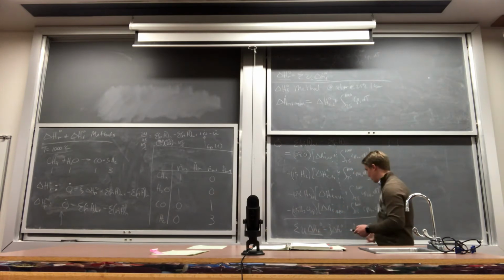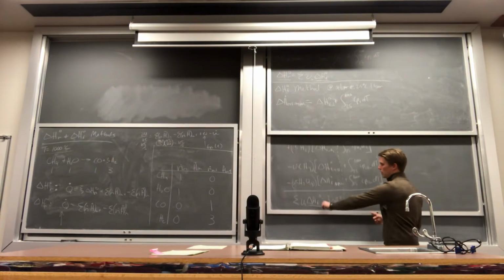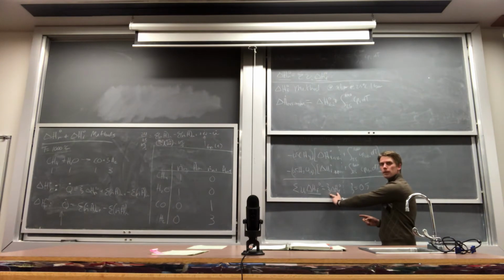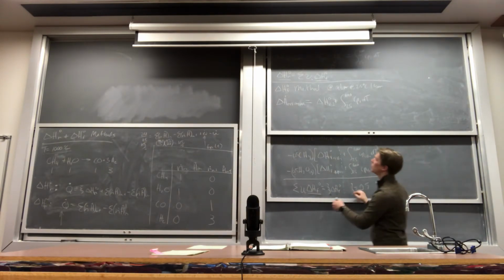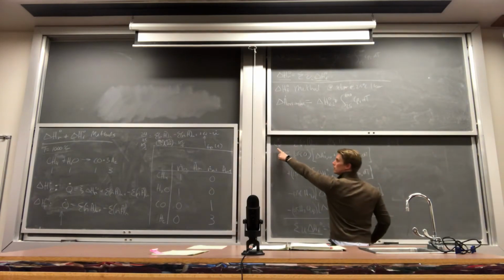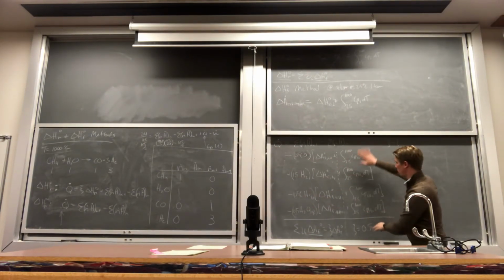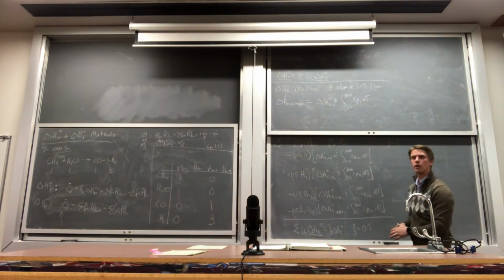This term right here, the stoichiometric coefficient times the heat of reaction, tells you how much energy is being released or absorbed in the form of a chemical bond. That energy then could be transferred out of the system, Q, or it could be transferred into the temperature of the system itself.